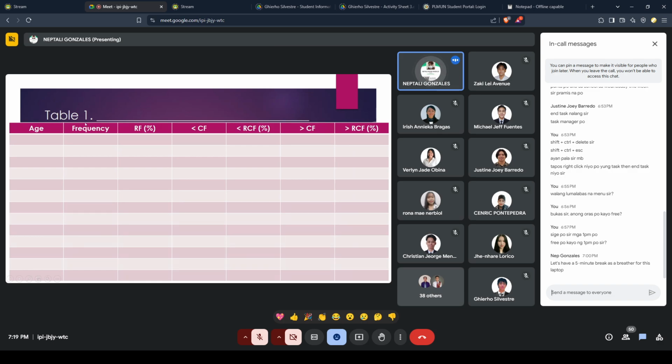Write the table title: Table 1, period, then the title. And the age, frequency, relative frequency, less than cumulative frequency, less than relative cumulative frequency, greater than cumulative frequency, greater than relative cumulative frequency.